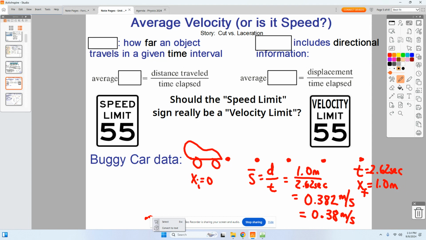I could have gotten the exact same average speed by having the car do something like this and travel the same amount of distance in the same amount of time, but it could have been a changing speed. Whereas if it's constant, that value is the same throughout, and I could have had something where it traveled at a different rate at different times and I still got the same value. Okay? Now that's a buggy car.